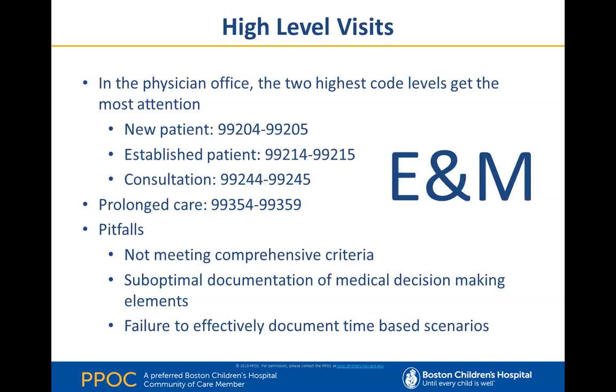And he got audited, 40 charts. He passed on 4 of the charts, 90% error rate. And the reason why they disagreed with the other 36 was that he was not meeting the requirements on his review of systems and also his physical examination. It just simply was a few systems short of the requirements for the higher level codes.